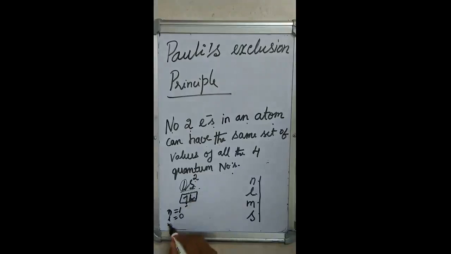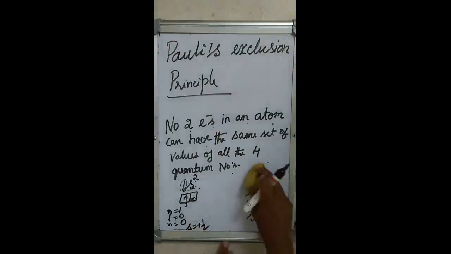M: if L is equal to 0, the value of M is 0. S is the spin quantum number. There are 2 spin values, plus half and minus half. This I will consider as plus half.